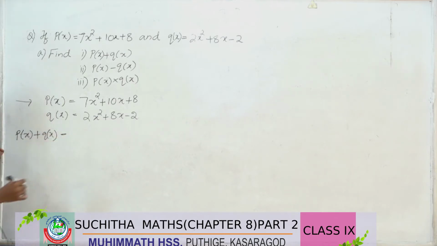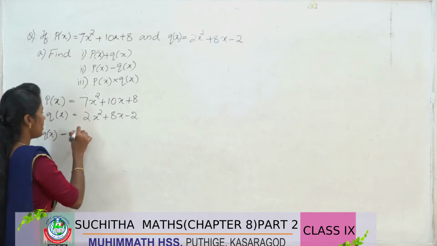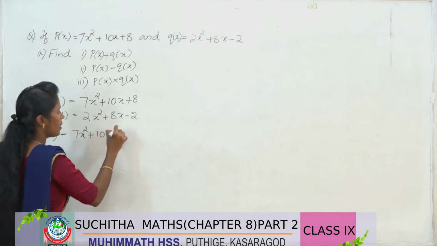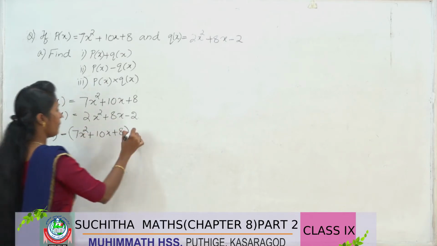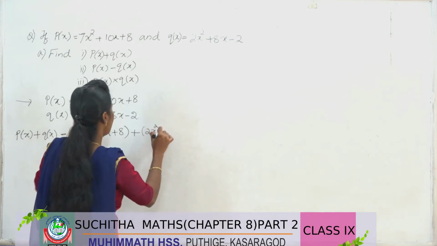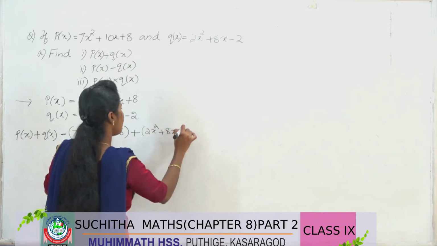So P of x plus Q of x is 7x square plus 10x plus 8, plus Q of x, that is 2x square plus 8x minus 2.